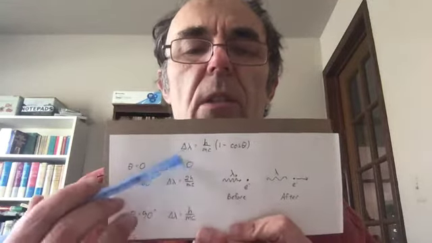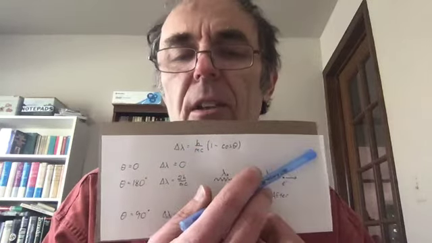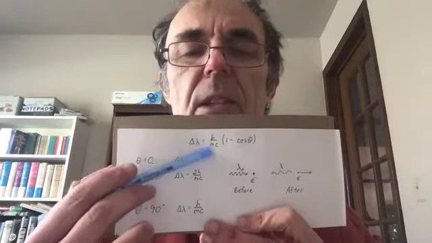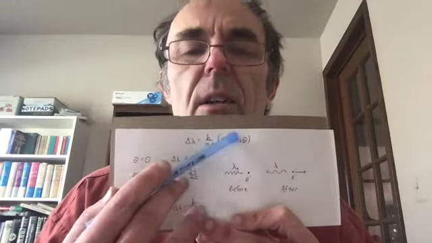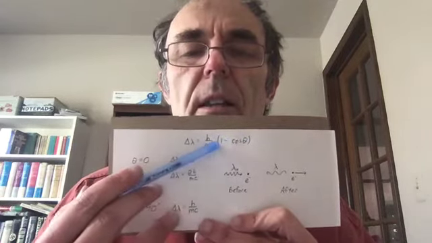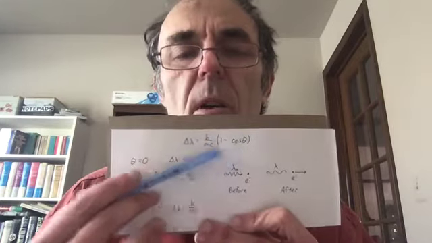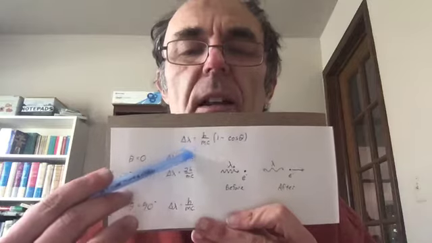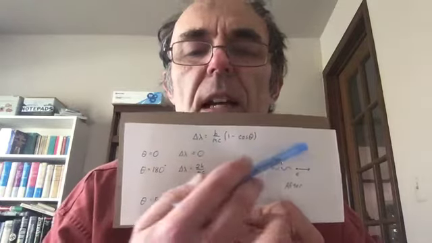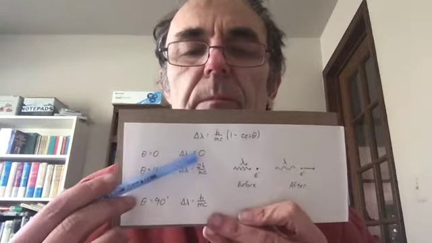Actually, this amounts to the photon missing the electron. In that case, cosine of 0 is 1, 1 minus 1 is 0, so it doesn't change its wavelength at all. When a photon misses, it just goes right on through with no change in wavelength.